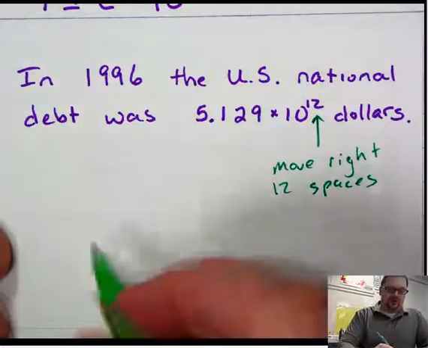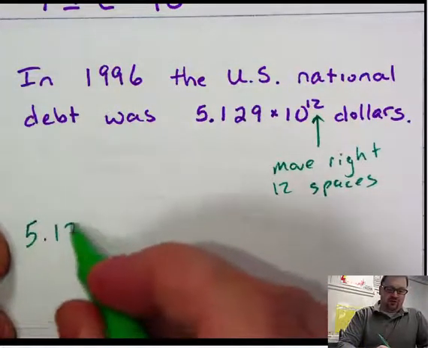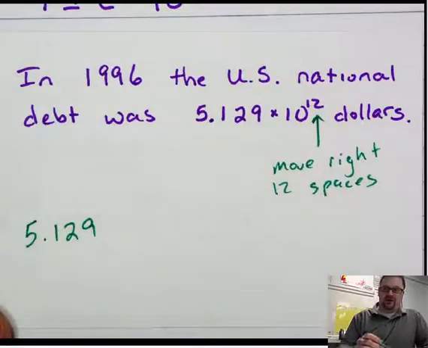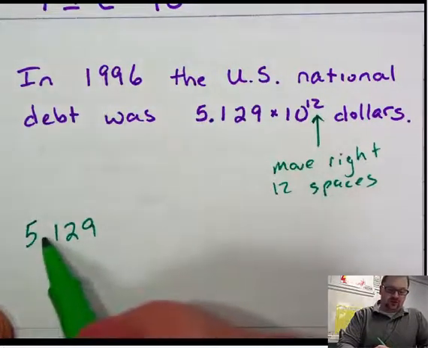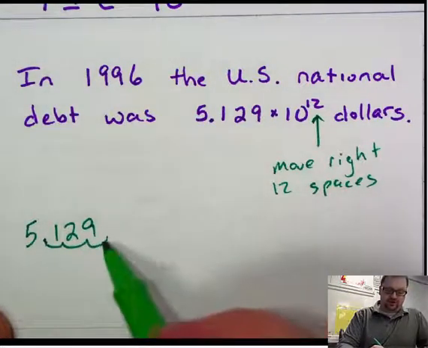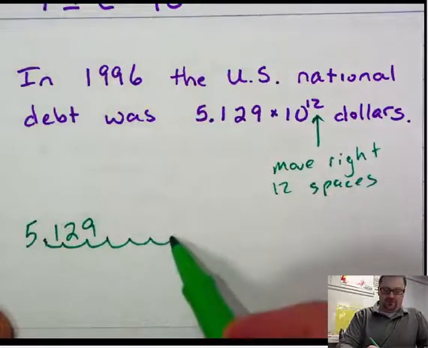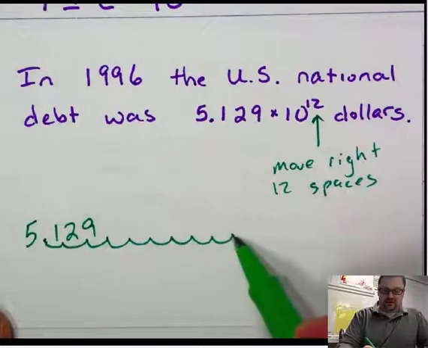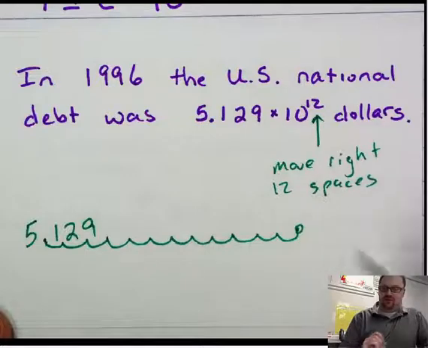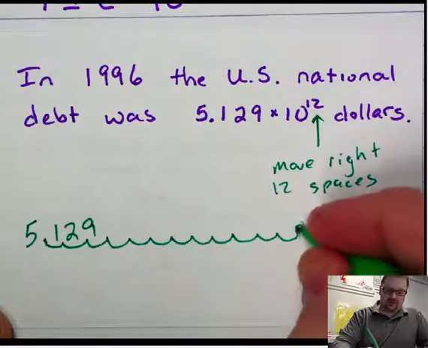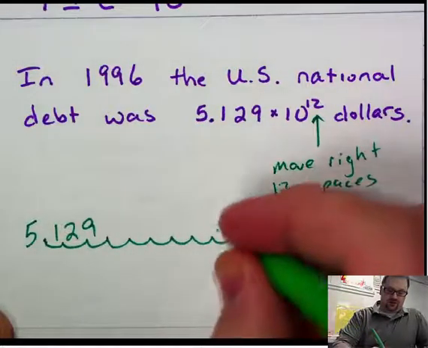So I am going to start with my 5.129, and I'm going to move that decimal point right 12 spots. So 1, 2, 3, 4, 5, 6, 7, 8, 9, 10, 11, 12, and put my new decimal point. Fill in the empty spots with zeros.